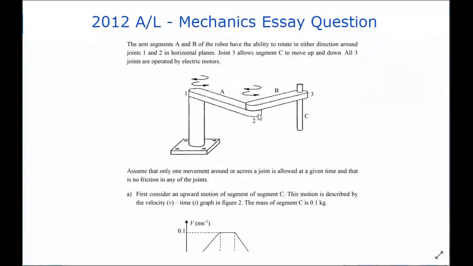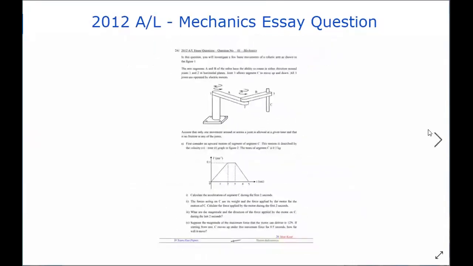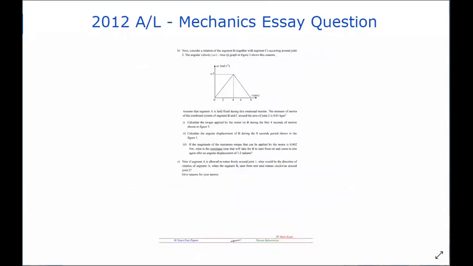What is joint 2, dear? This one. About this point, segment B rotates with segment C. When it is rotating, segment C also rotates. Right. Let's go to the other page.